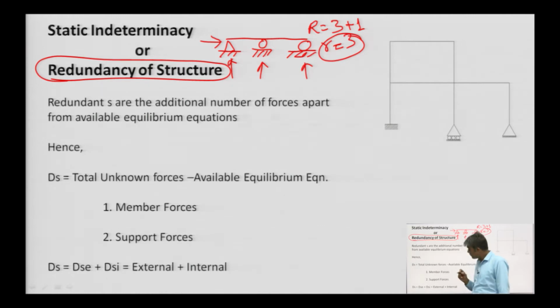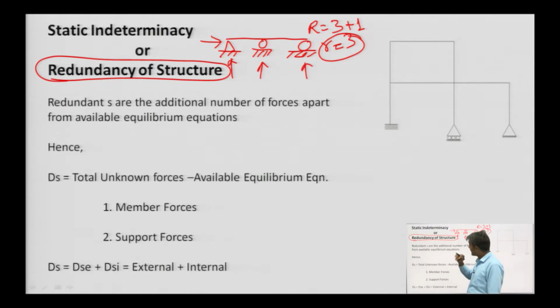Therefore, to find all the support reactions, we need one additional equation, which is known as the compatibility equation. That is why, out of any four, one member can be taken as a redundant.